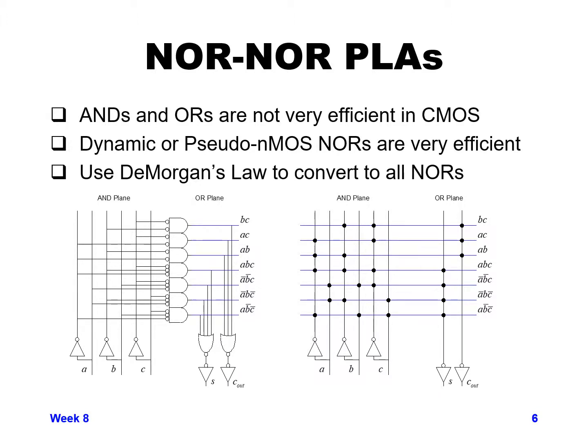I'll get into that a little more in the next slide, but you can use a similar notation to what we used for the ROMs, where we have the rows and columns crossing each other, and where we want to have a transistor we put a dot to represent that there's a transistor in that crossing.